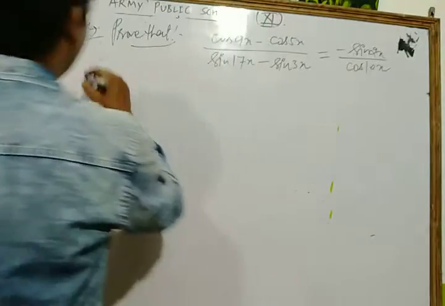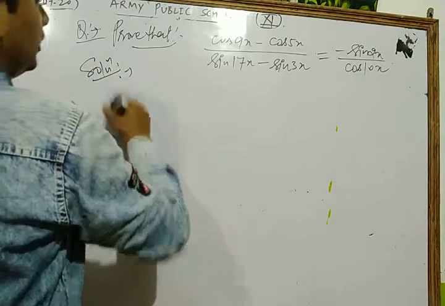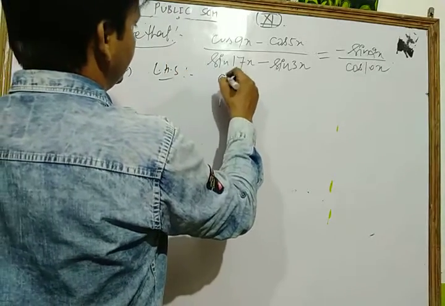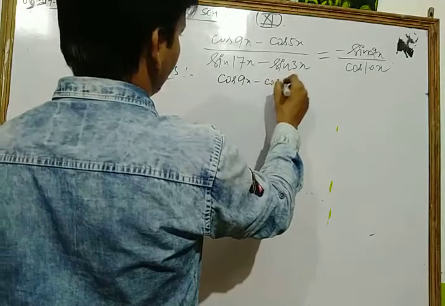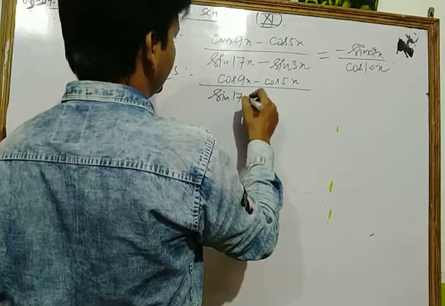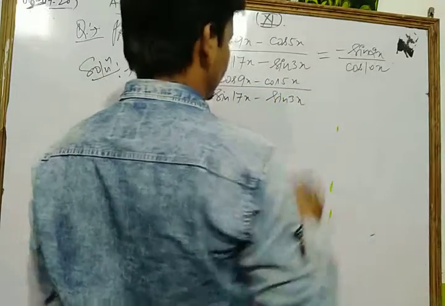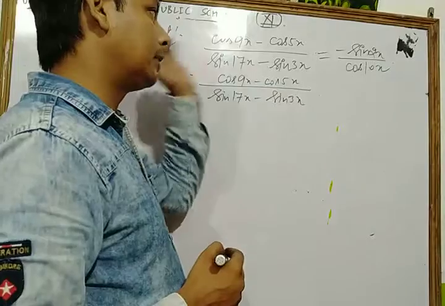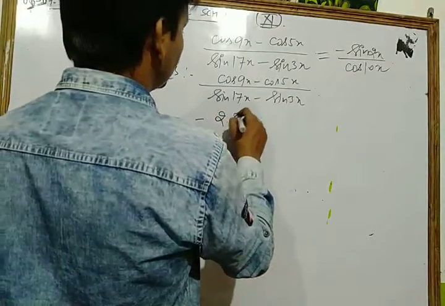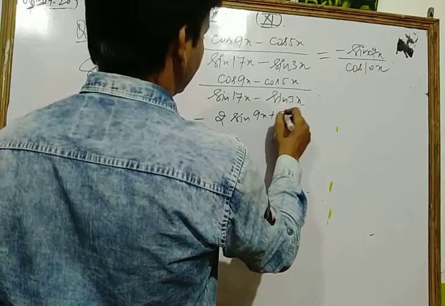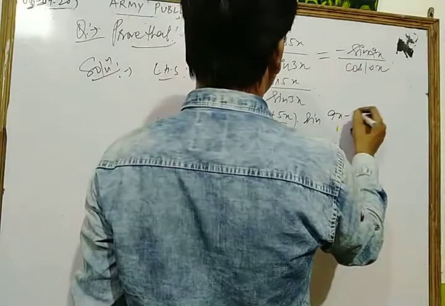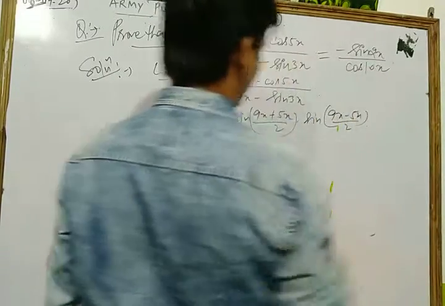Okay, let's see its solution. First we take the left hand side, that is LHS. This is cos 9x minus cos 5x upon sin 17x minus sin 3x. So in the numerator we apply the formula cos c minus cos d, which is minus 2 sin of (c plus d) by 2 into sin of (c minus d) by 2, that is 9x minus 5x upon 2.